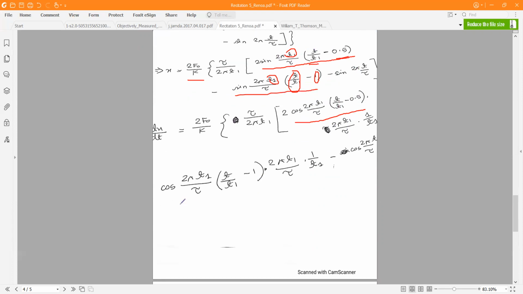Similarly for here, it would be cos 2 pi t1 over tau (t by t1 minus 1) multiplied by 2 pi t1 over tau multiplied by 1 over t1, minus, and for this it would be cos 2 pi t over tau, multiplied by 2 pi over tau.